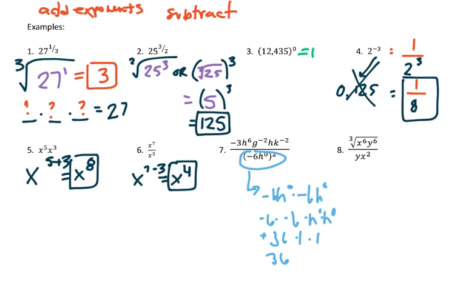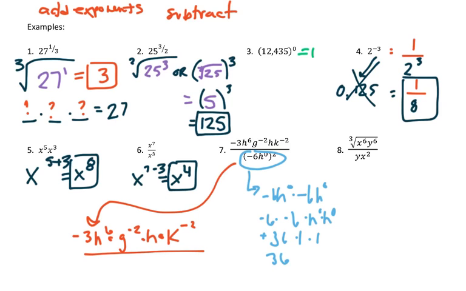So our denominator is 36, but then our numerator is all of these other pieces. So our numerator is negative 3h to the 6 times g to the negative 2 times an h and times a k to the negative 2. And all of that is going to be over the 36 we just found.